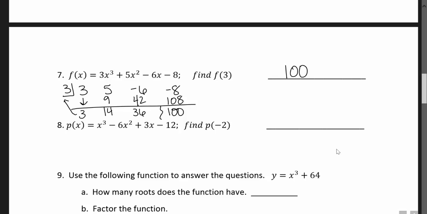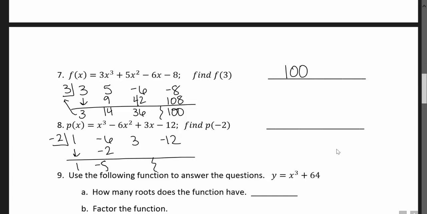I'm going to go through the same thing with p of negative 2. So negative 2 goes in my house. 1, negative 6, 3, negative 12. Look for the remainder. Drop down your leading coefficient, 1. Multiply by negative 2, and I get negative 2.